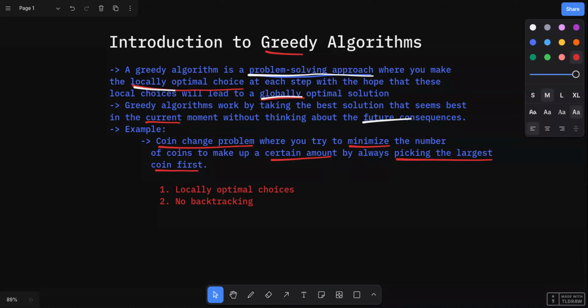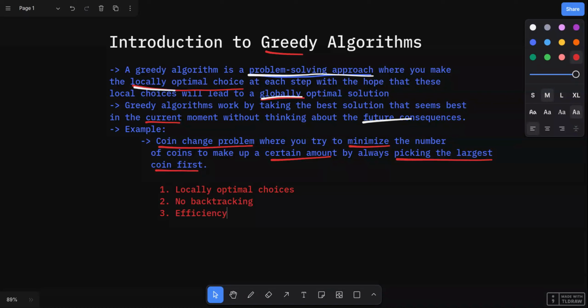Once you've made a choice, that is it. You don't revisit any of the earlier decisions that you had made. You make a choice, you're happy with it, you move forward despite what that choice might be. Then when you talk of efficiency, greedy algorithms are often faster, but they don't explore every possible solution, which means that they don't always guarantee the most optimal global solution.